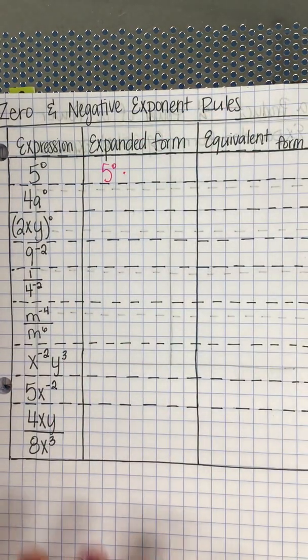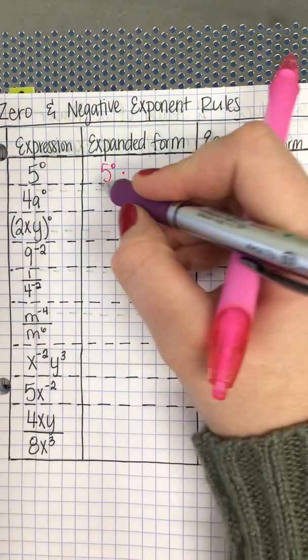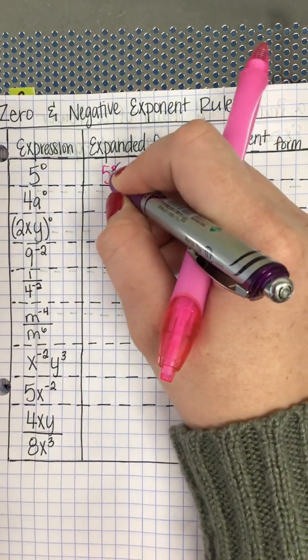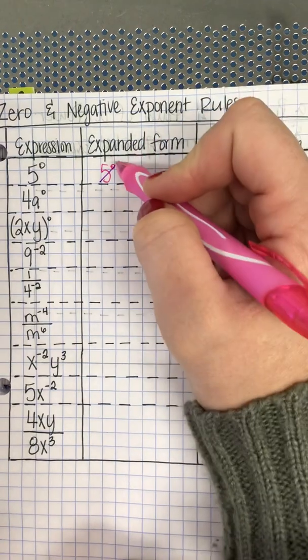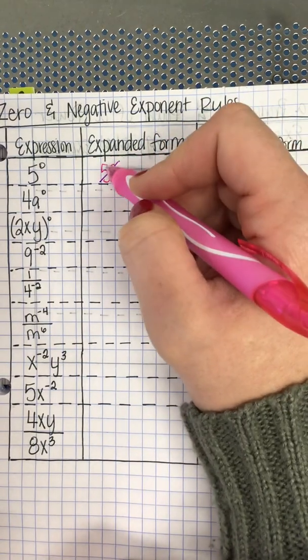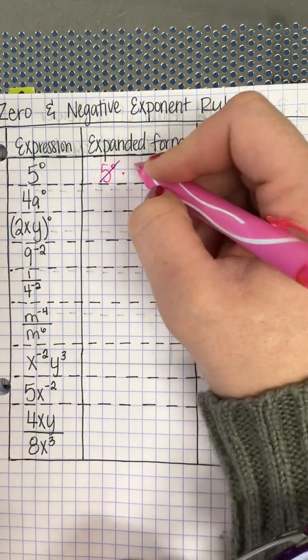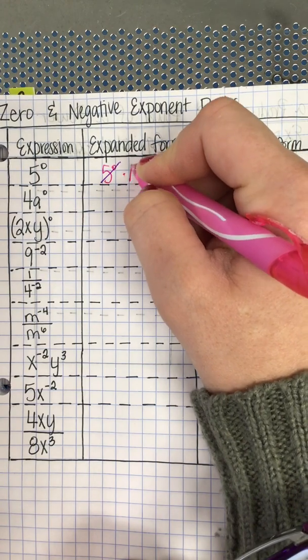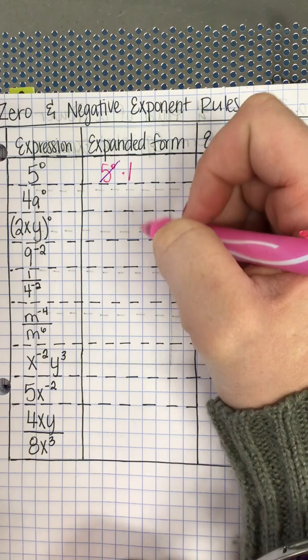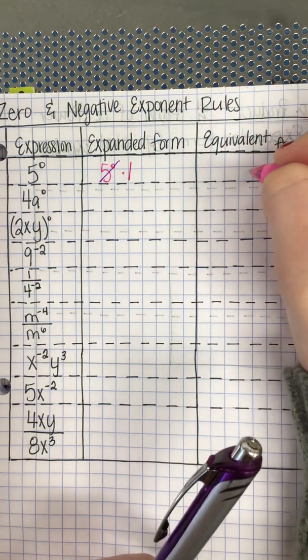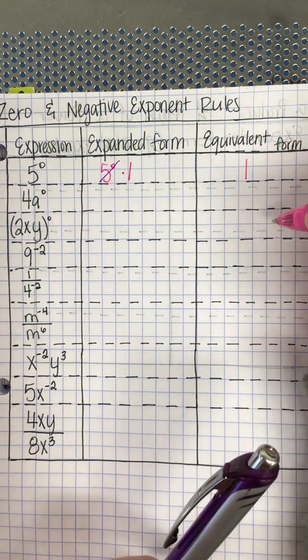So they're pretty much just canceling out. So I could cancel out the 5 to the 0, but remember, it's not 0. When things cancel out like that, we're left with a 1. So it would be 5 to the 0 times 1, or our answer would just be 1.